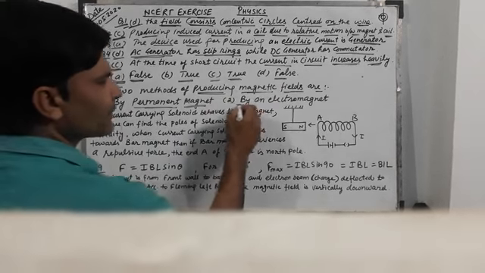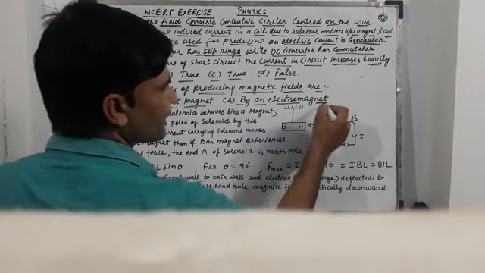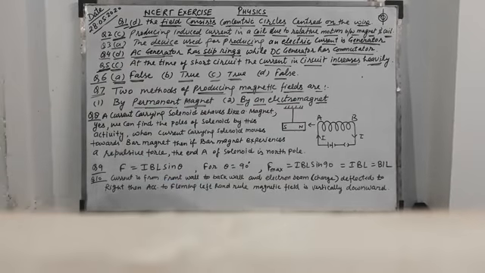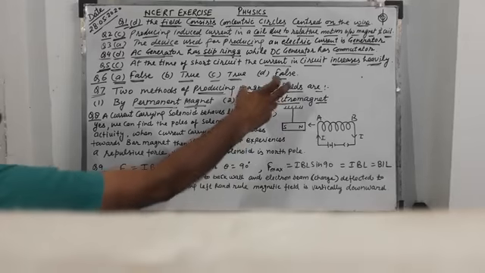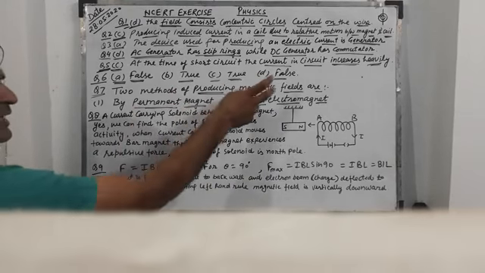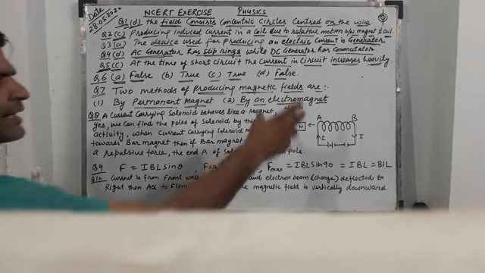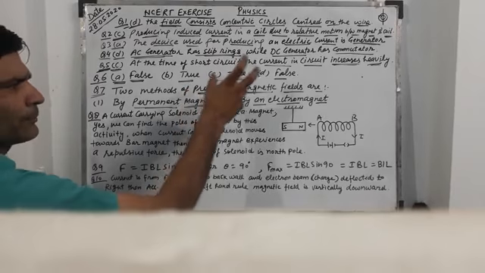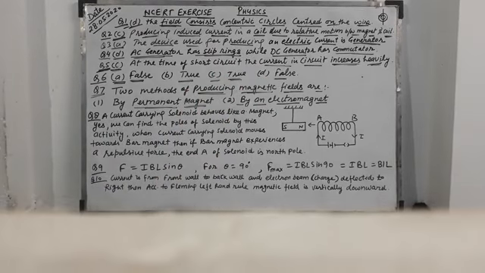And the second method is by an electromagnet, because a current carrying solenoid with an iron core acts as an electromagnet and creates a magnetic field. So a permanent magnet and an electromagnet can both produce a magnetic field.